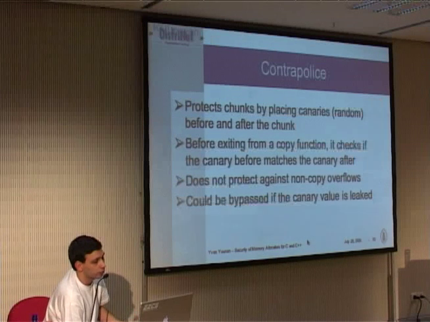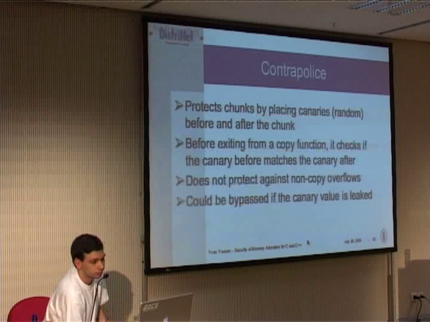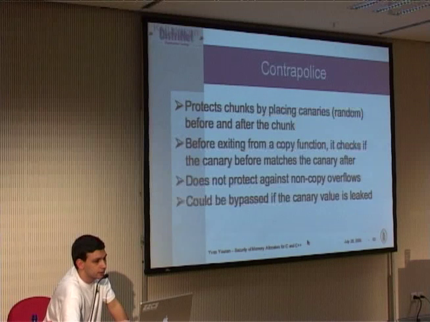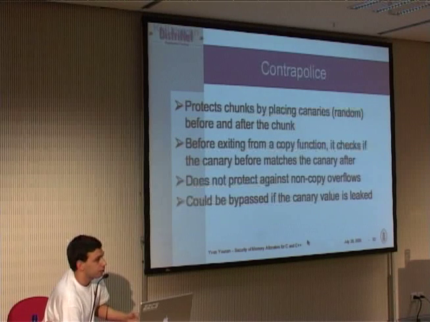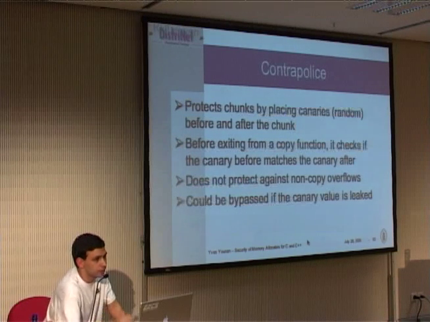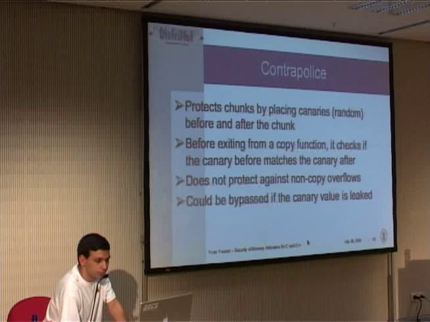However, if an overflow occurs in a non-copy function, for example in a loop, then this allocator is not effective. Again, if the canary value is leaked, the attacker could just place his own canary value on the heap, and as a result, could bypass the protection.